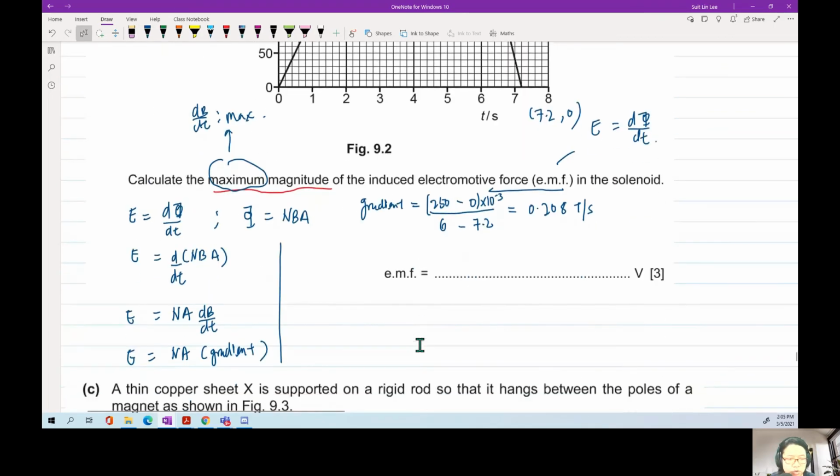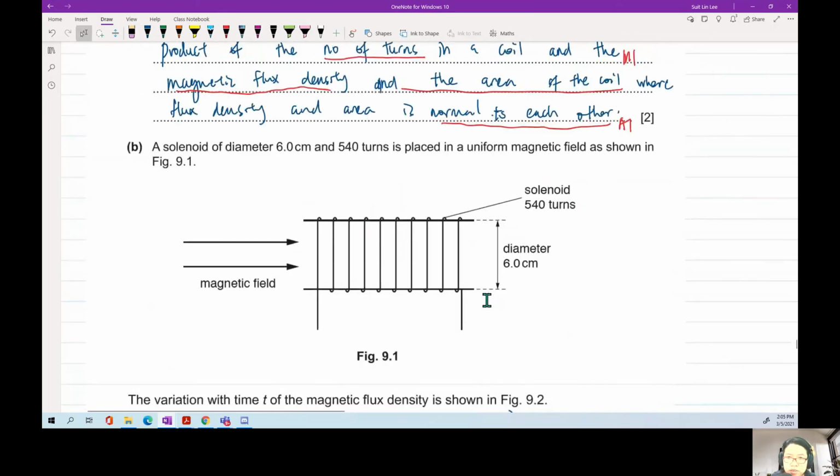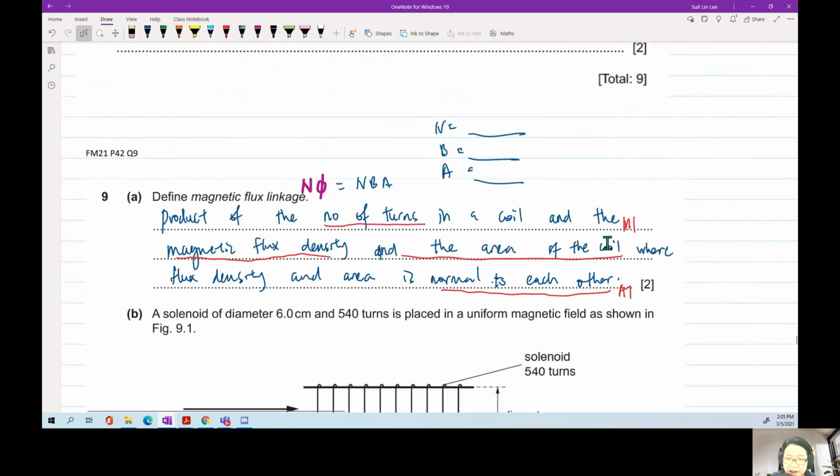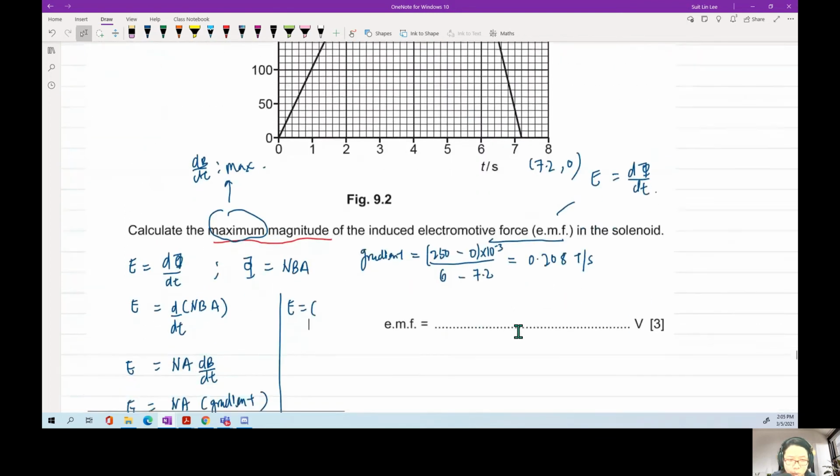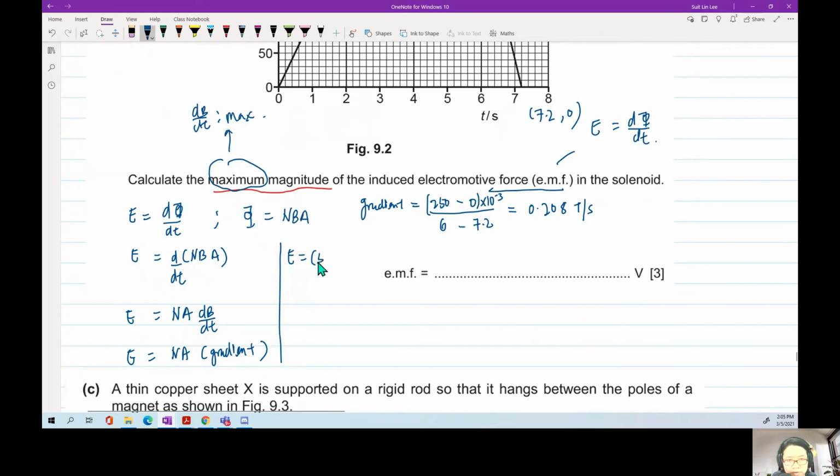Okay, we can substitute now. E will be equal to the number of turns. You go up there, number of turns is 540. Diameter is 6. So it's 540 multiplied by area, pi r squared.